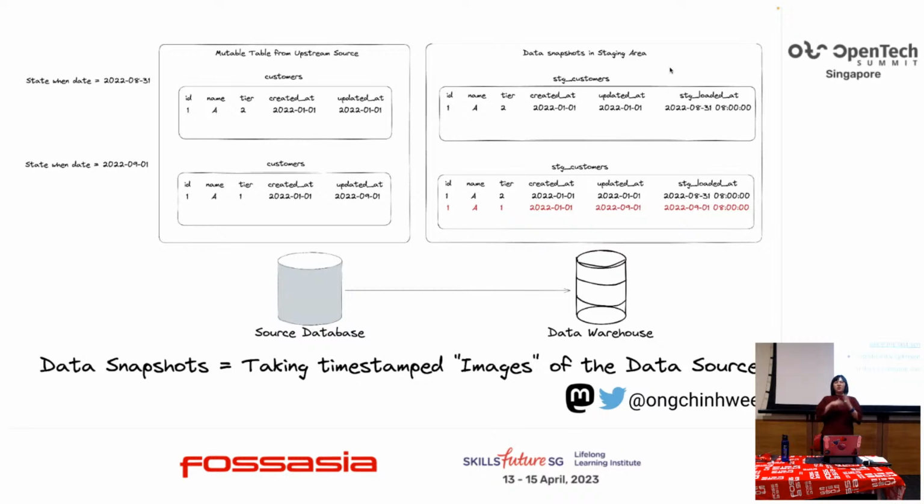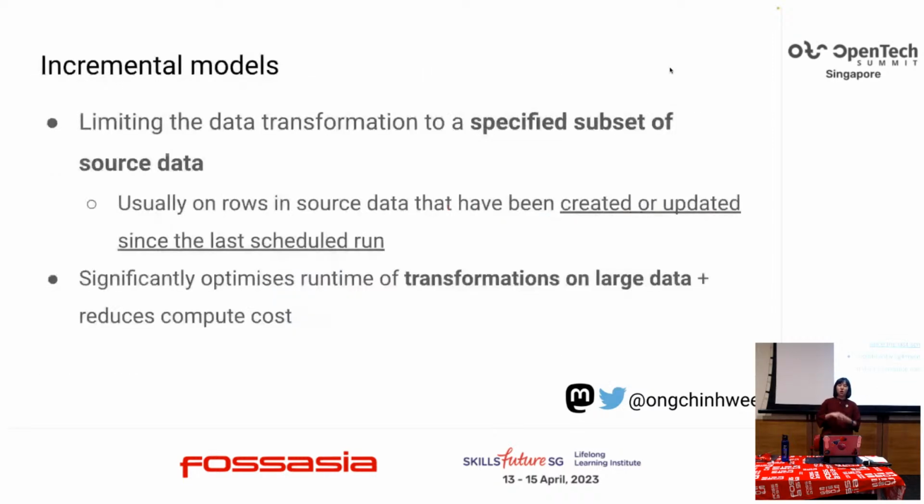Okay, now to complete this discussion, we have incremental models because we need to capture changes in your upstream data into your downstream models. The concept of incremental models is that you limit the data transformation to a specified subset of source data.